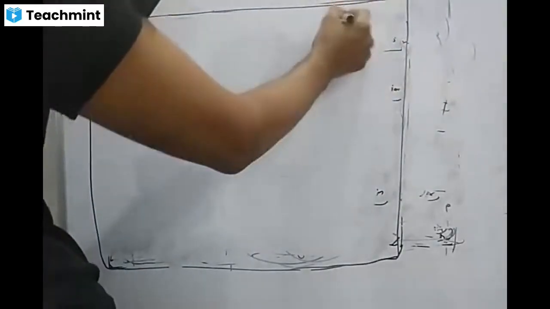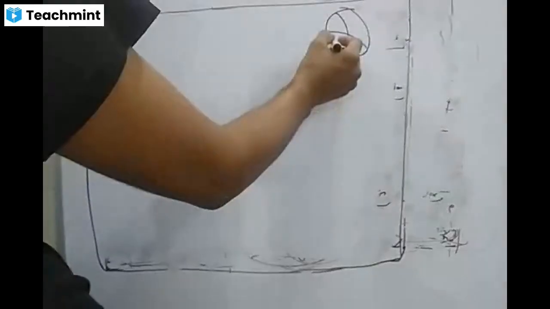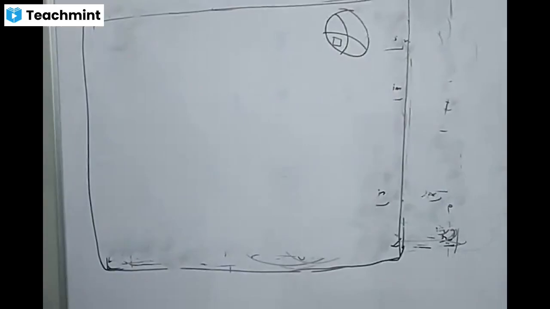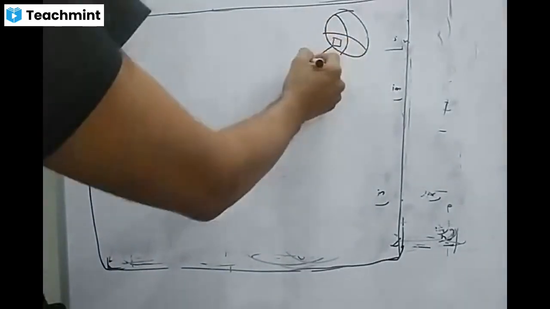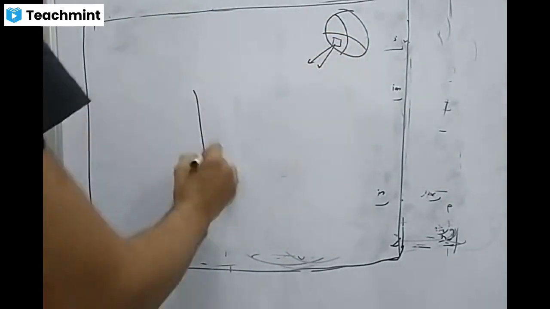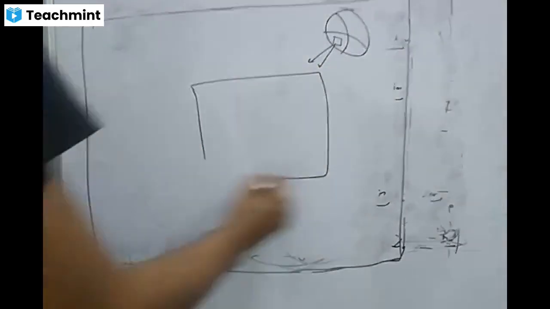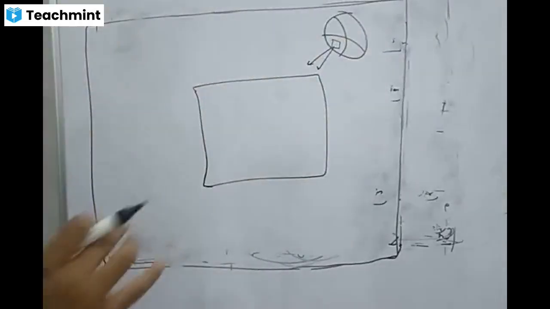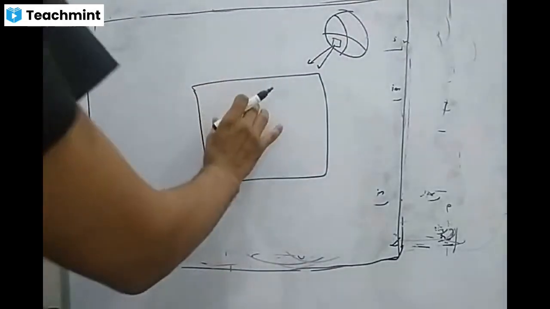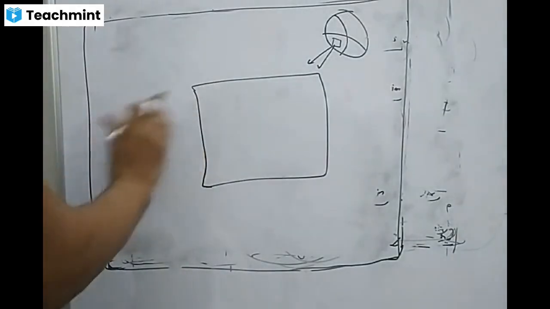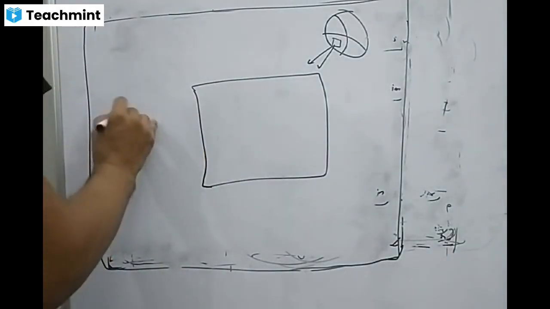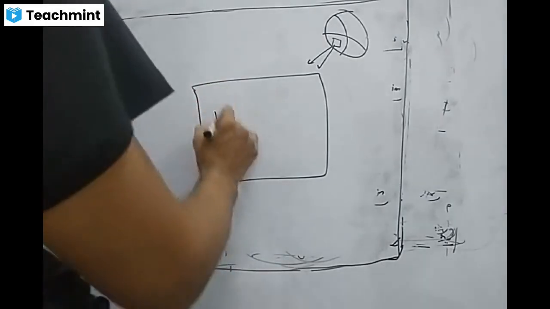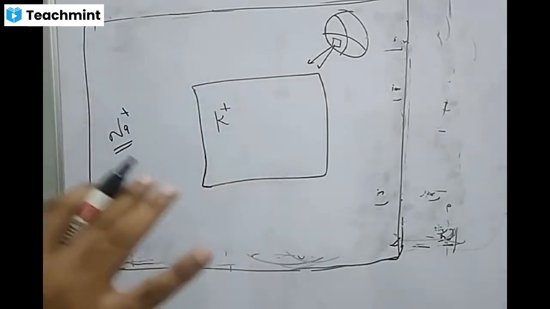Suppose this is our heart. If I bring a cardiac myocyte, one cell out of the heart, then let's see the structure. This is your cardiac cell. We know that outside the cell there is sodium, and inside the cell there is potassium.